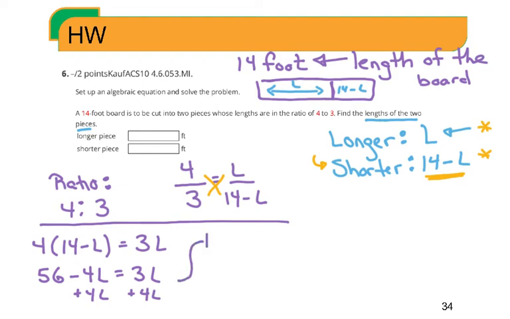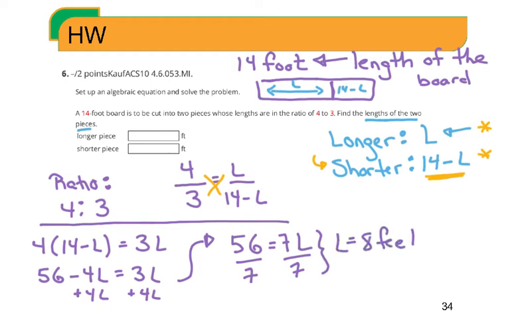So let's just add 4L to both sides. And then what do I get? 56 equals 7L. You know what to do now? Solve for L. What is L? L is 8 feet. So that is the longer piece, 8 feet.